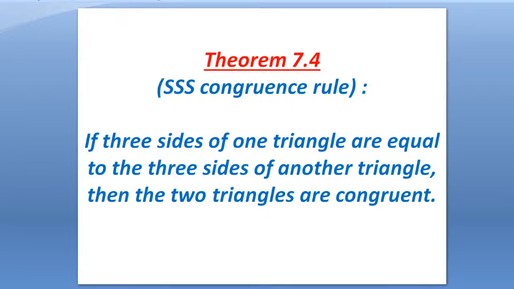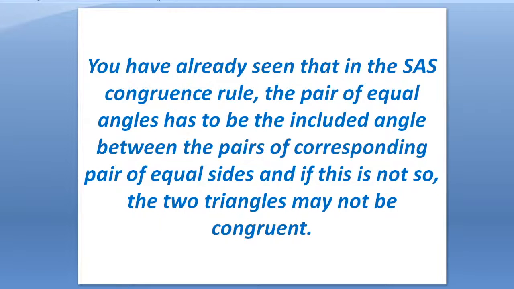Let me repeat it again. If three sides of one triangle are equal to the three sides of another triangle, then the two triangles are congruent. Now see here. You have already seen that in the SAS, side angle side congruence rule, the pair of equal angles has to be the included angle between the corresponding pair of equal sides, and if this is not so, the two triangles may not be congruent.